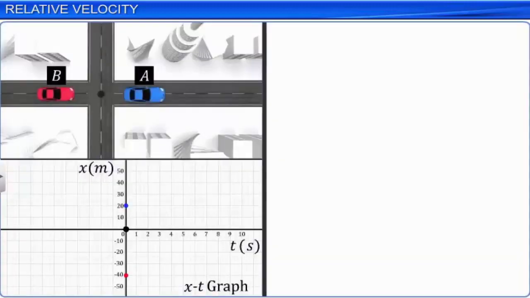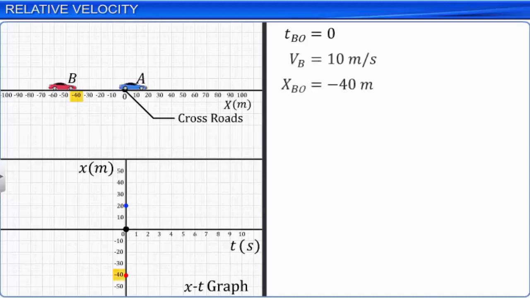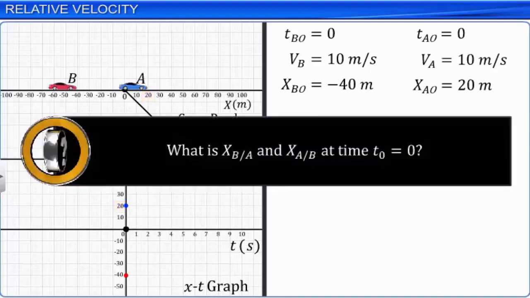At the time of initial observation, that is, when t₀ is equal to 0, B is 40 meters behind the crossroads, and A is 20 meters in front of the crossroads. What is xB/A and xA/B at time t₀ equal to 0?